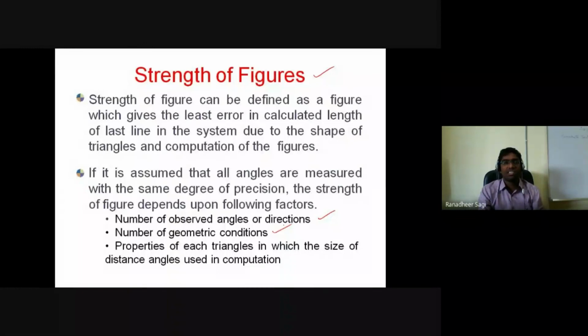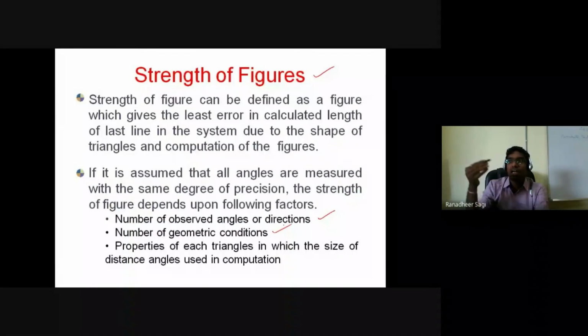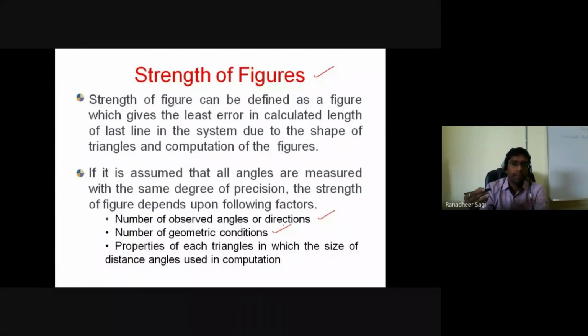Geometric conditions in the sense whether it is a simple triangle, a braced quadrilateral, or a centered polygon. We said in the case of a simple triangle, you cannot have alternative routes by which you can measure the same value to understand how accurately you are getting the values. But if it is a braced quadrilateral or a centered polygon, you have other possible ways to find out the same length, to compare whether my calculations are correct or whether there is some mistake.